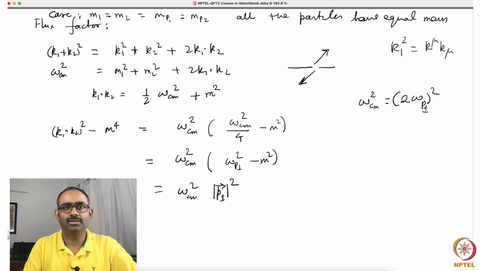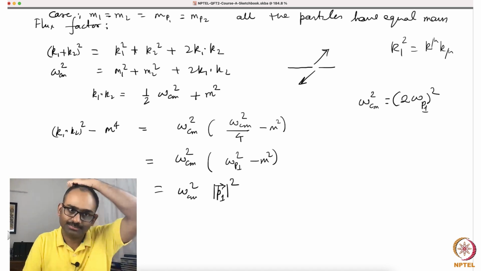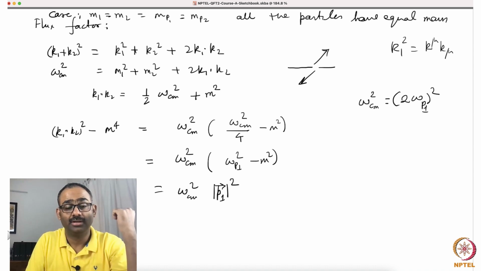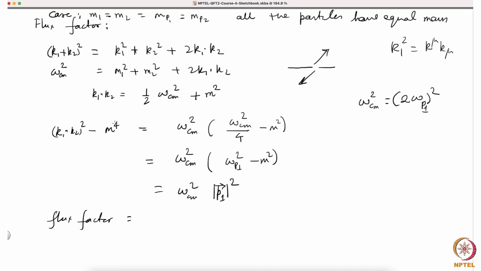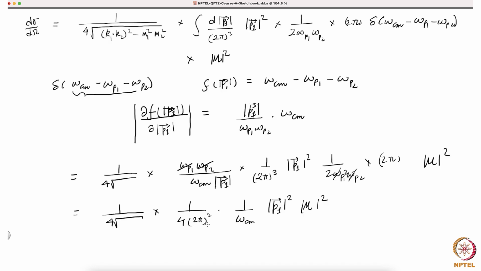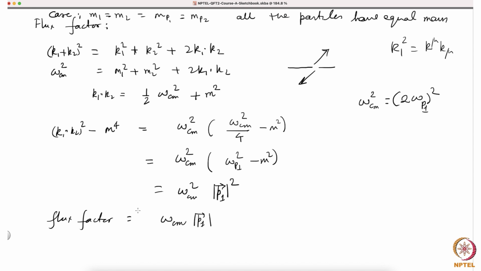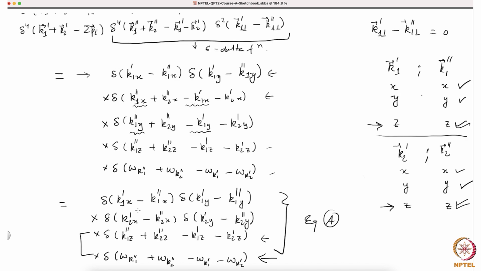Okay, so when I look at the flux factor for this case where all the particles have equal mass, it is the square root of this, which is omega cm times modulus of P1. Okay, now I can substitute this in this expression, for 1 over 4 times the square root, and what is that?